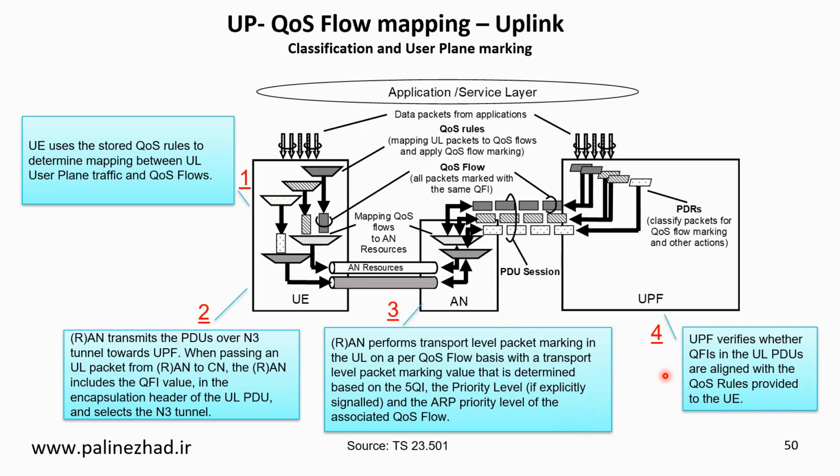In the fourth step, the UPF verifies whether the QFIs in the uplink PDUs are aligned with the QoS rules provided to the UE. So here UPF checks whether these rules are available or not.